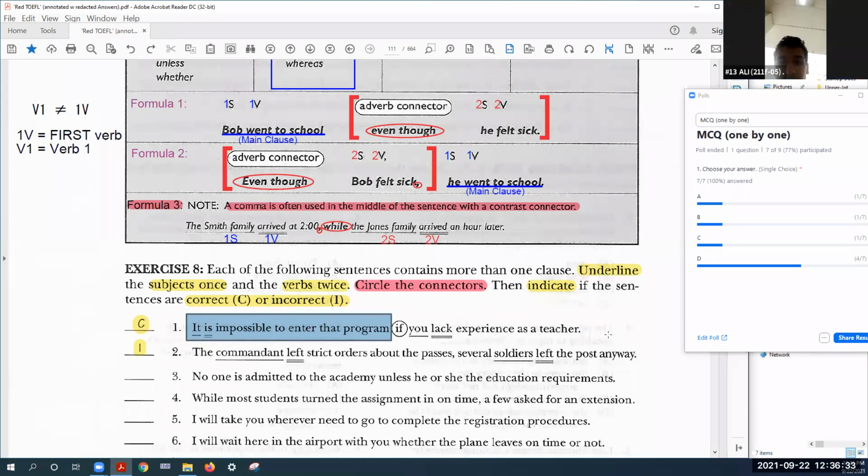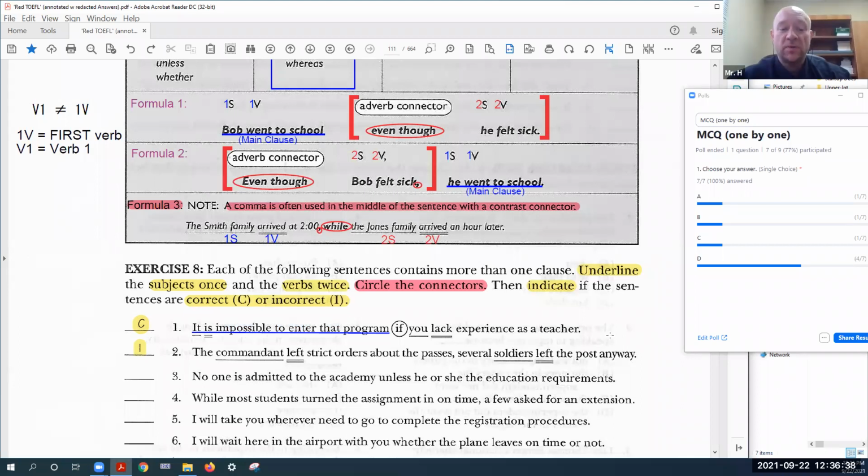That's right. So main clause, first subject, it. Good. First subject, first verb. And then second subject, you. Good. Connector? If. Second verb? Lack. Good. I'm going to put brackets there.